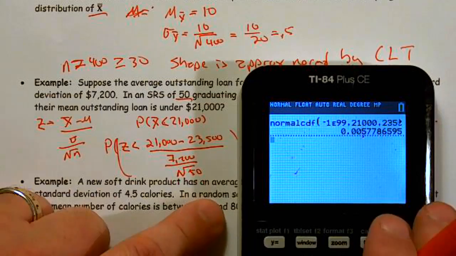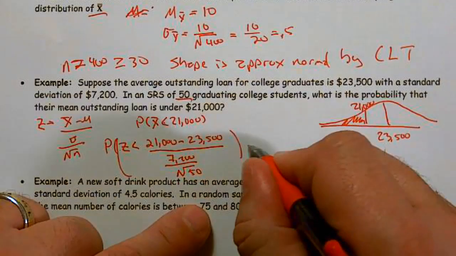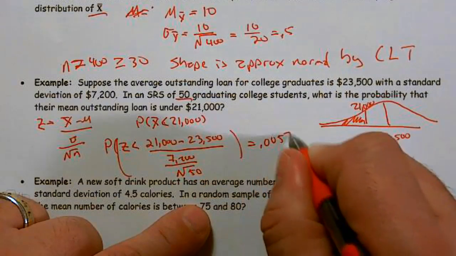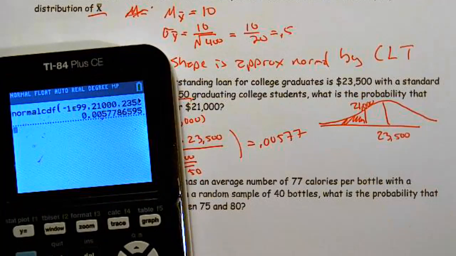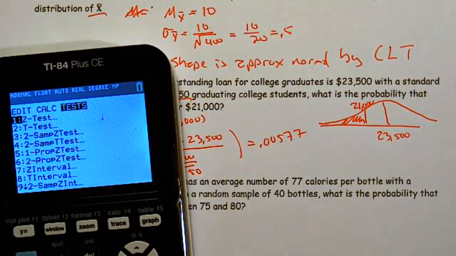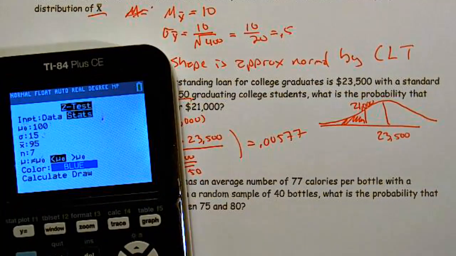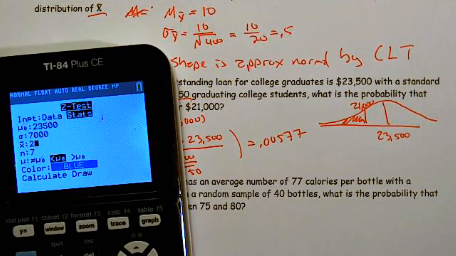And I get 0.00577. For those of you who want to do this as a stat test, z-test, mean 23,500, standard deviation 7,000, x bar is 21,000, sample size 50, we wanted less than.